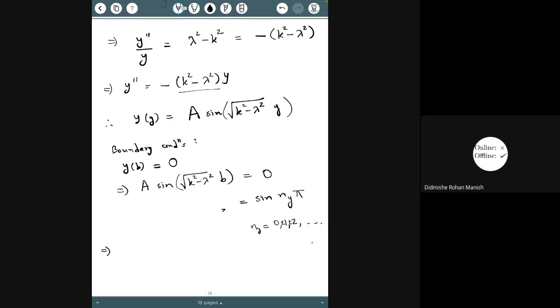Then I'll just remove A from here as well, because A is definitely not equal to 0.